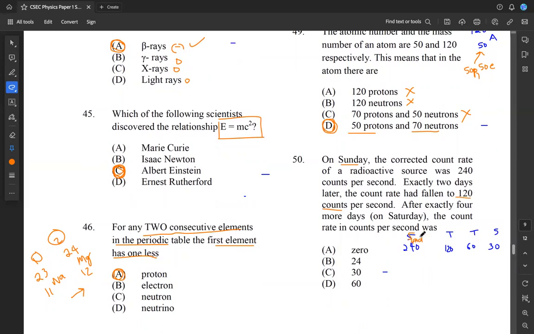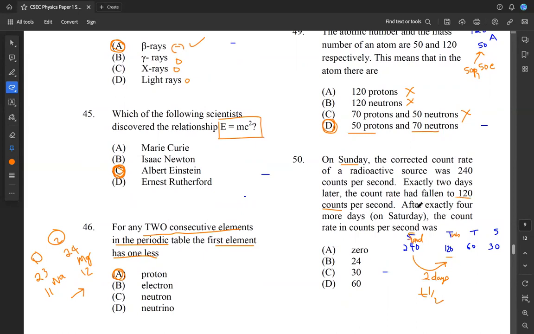So 2 days later than Sunday is going to be what? Monday, Tuesday, so 2 days later is going to be Tuesday. And on Tuesday, the count rate fell to 120. So the half-life is what? 2 days. So 2 days is the half-life, the time that it takes for it to go to half of its initial value. So we go from 240 to 120 in 2 days.